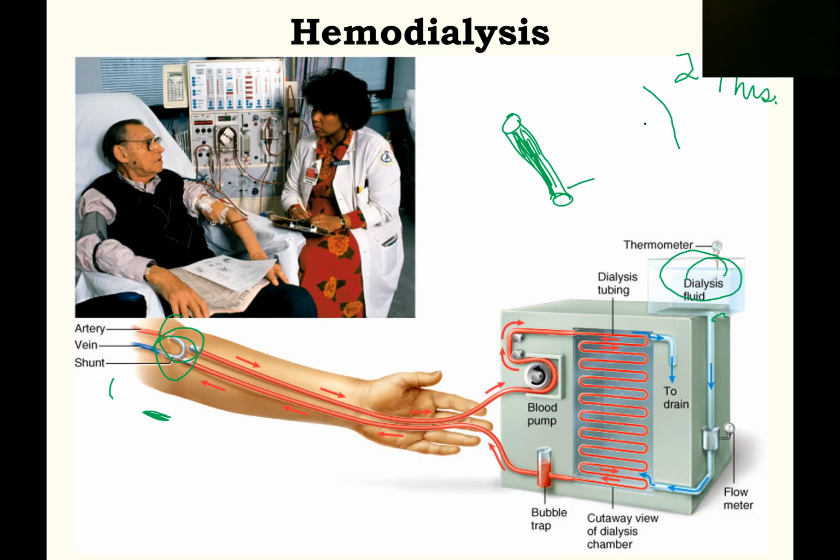But basically, you have the blood on one side of the abdominal wall, and then you have the dialysis fluid on the other. Less effective, and that's where, if your kidneys are really bad, you need a kidney transplant.